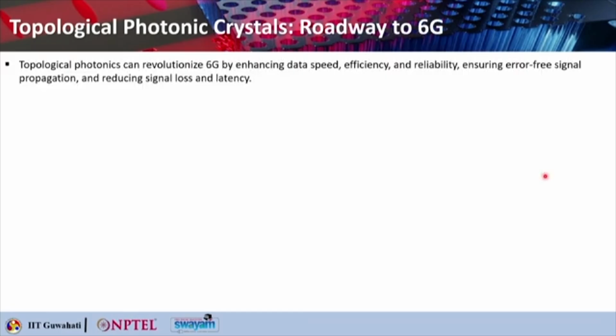So, what we understood is that topological photonic crystals support very high frequencies, of the order of 300 gigahertz. You can use topological photonic crystals to revolutionize 6G technologies by enhancing data speed, efficiency, reliability, and also ensuring error-free signal propagation by reducing signal loss and latency.